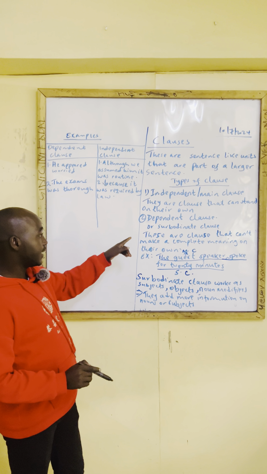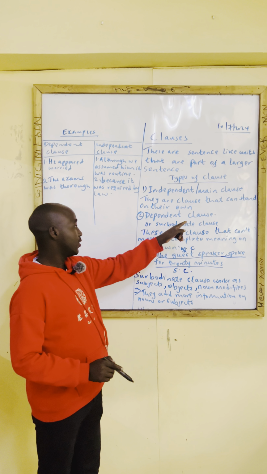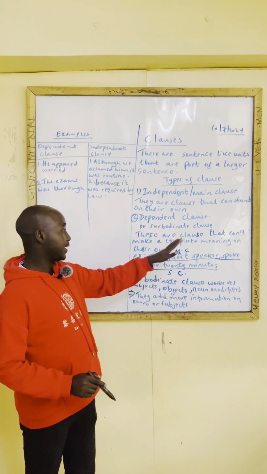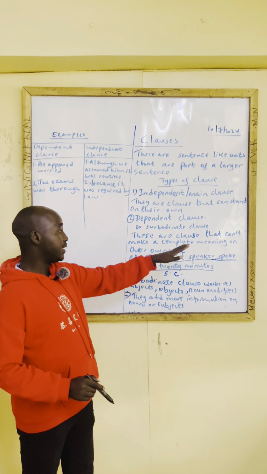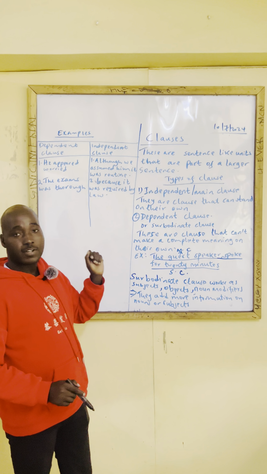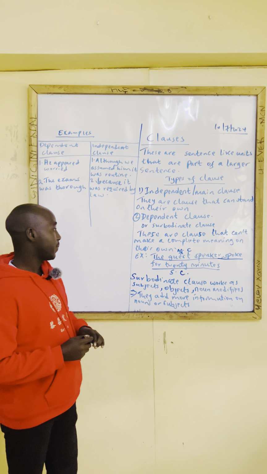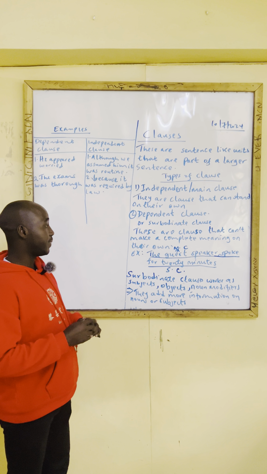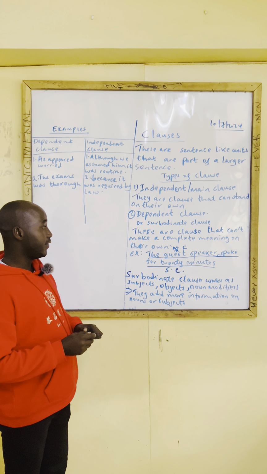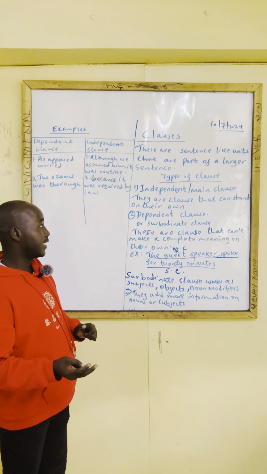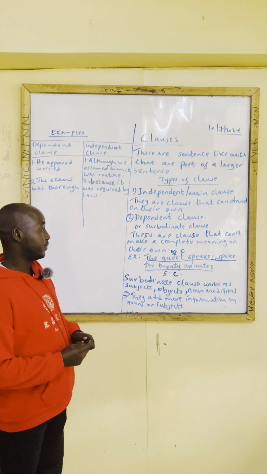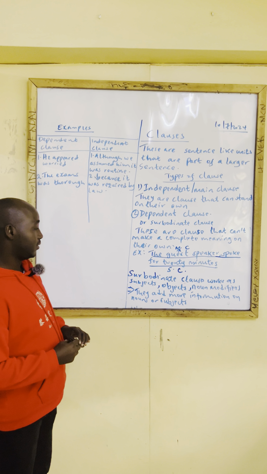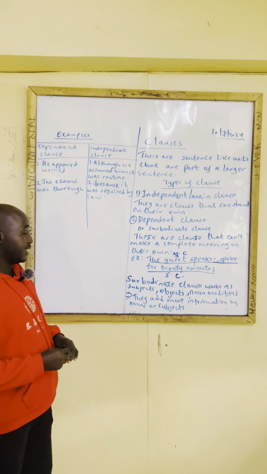On the other hand, the dependent clause, also called the subordinate clause, is a clause that can't make a complete meaning on its own. So in a sentence, when you divide it into parts, it can give you a dependent clause and an independent clause.